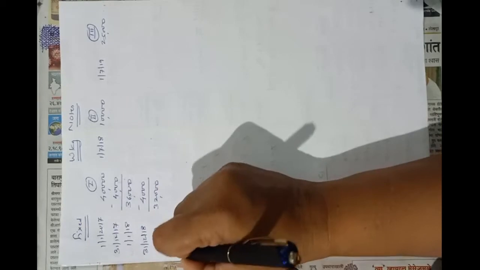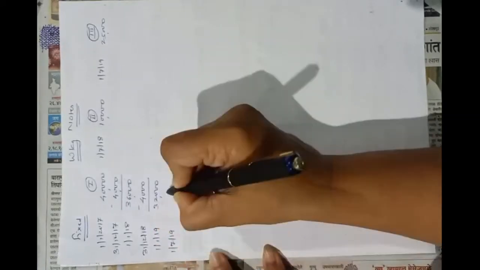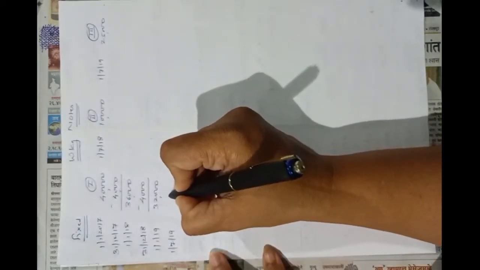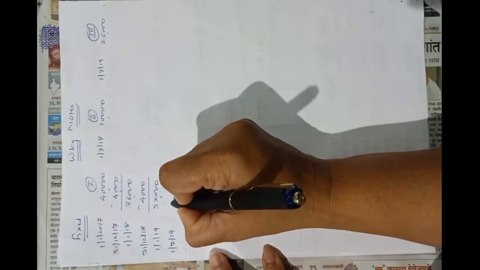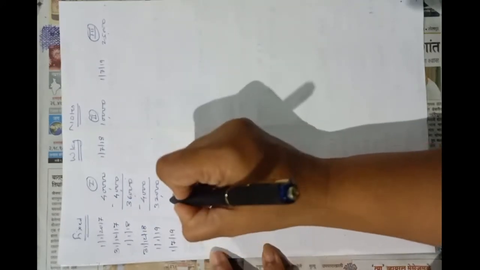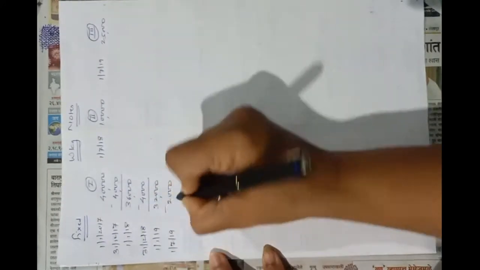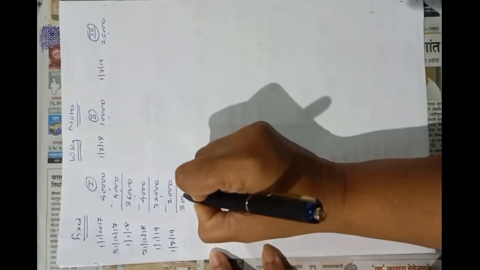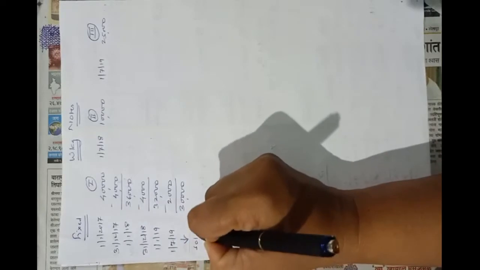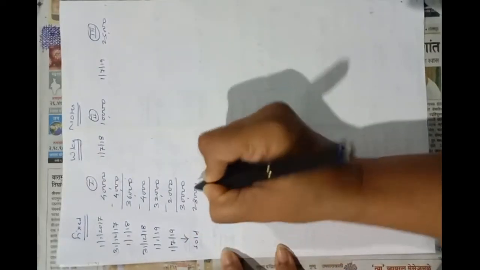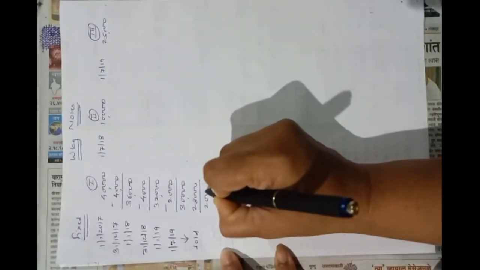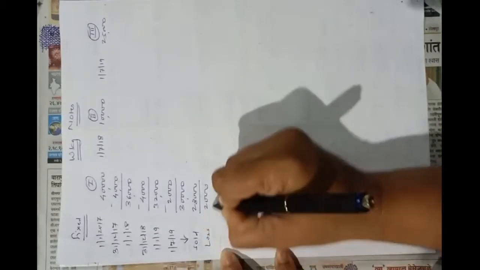And now on 1st July 19 they have sold this machinery, so depreciation will be for 6 months from January to July, so it will be 2,000 rupees. Written down value is 30,000. On the same date they sold the machinery for rupees 28,000, so there is a loss on sale of rupees 2,000.